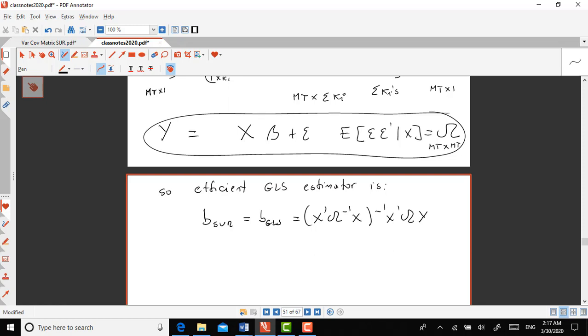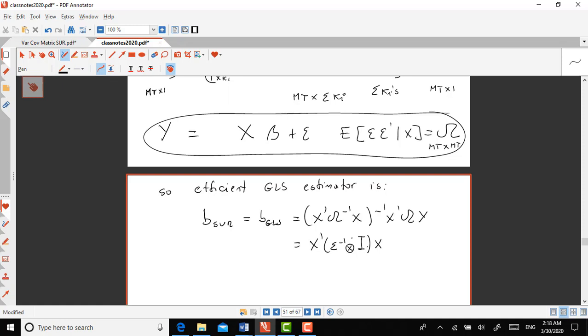Now it can be shown that this can be simplified, since the structure of omega is unique, with that diagonal matrix structure, and I'll explain that in a second.